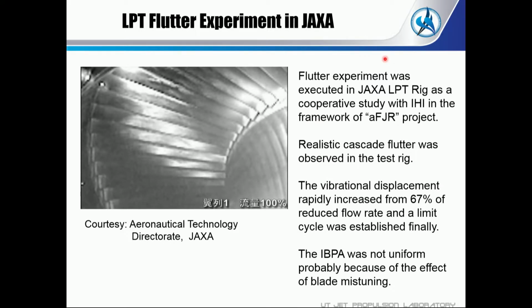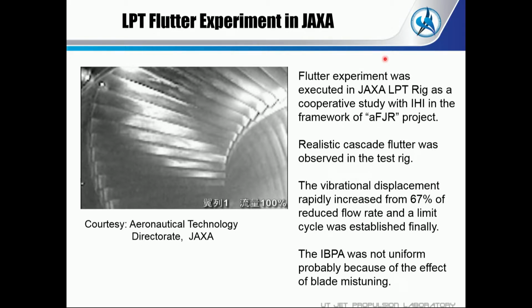Okay, and this is an example of LPT flutter. This experiment was executed in the JAXA LPT rig. It's a cooperative study between IHI and JAXA, and they made a low pressure turbine rig and put it into the wind tunnel.